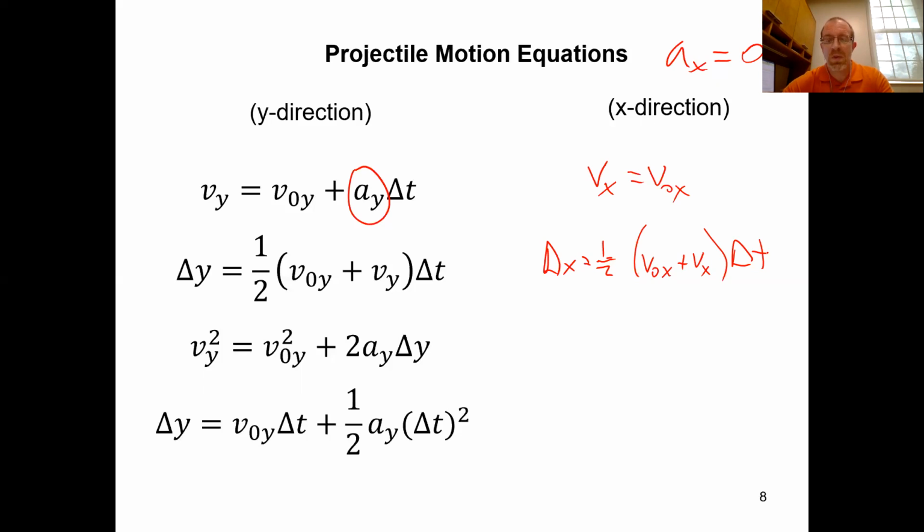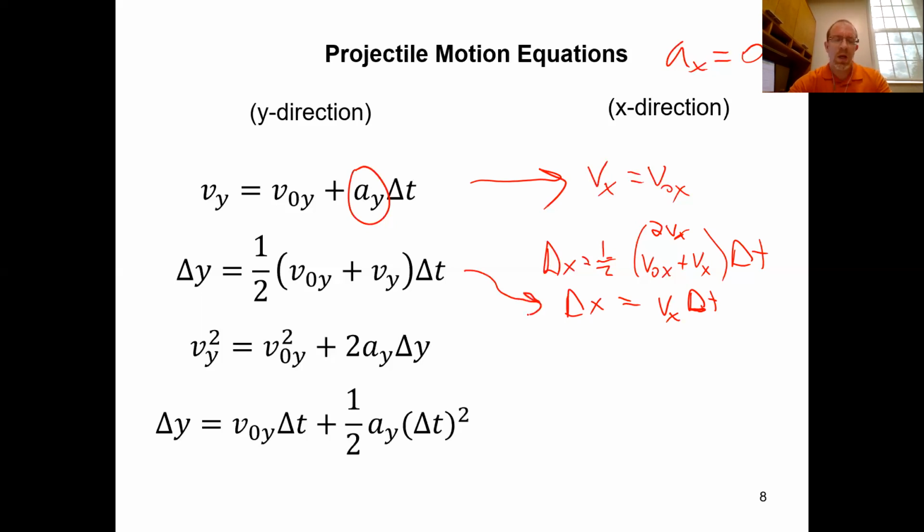If they're the exact same thing, I might as well just say 2Vx there. Then I've got 2 times the 1/2. That gives me delta x is equal to Vx delta t. Or I could have said delta x is equal to V naught x delta t. Whatever, doesn't matter.